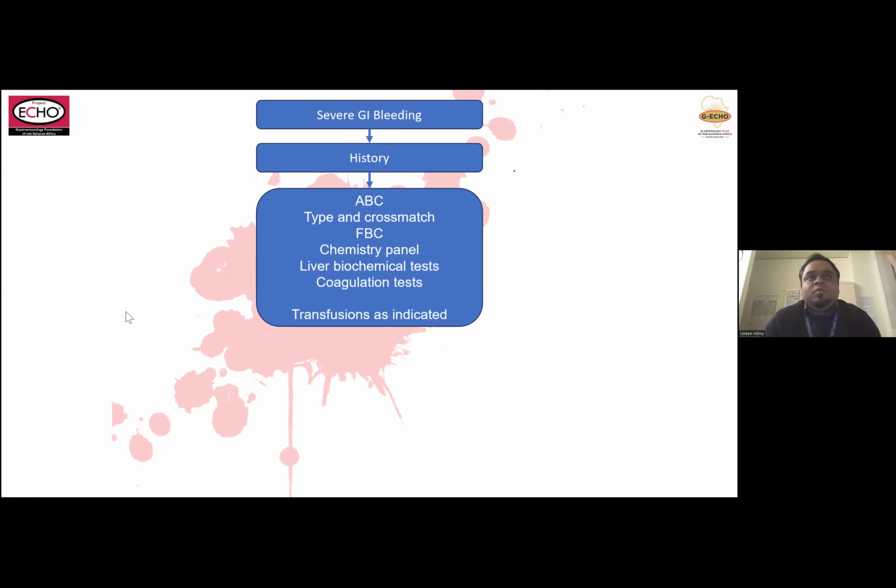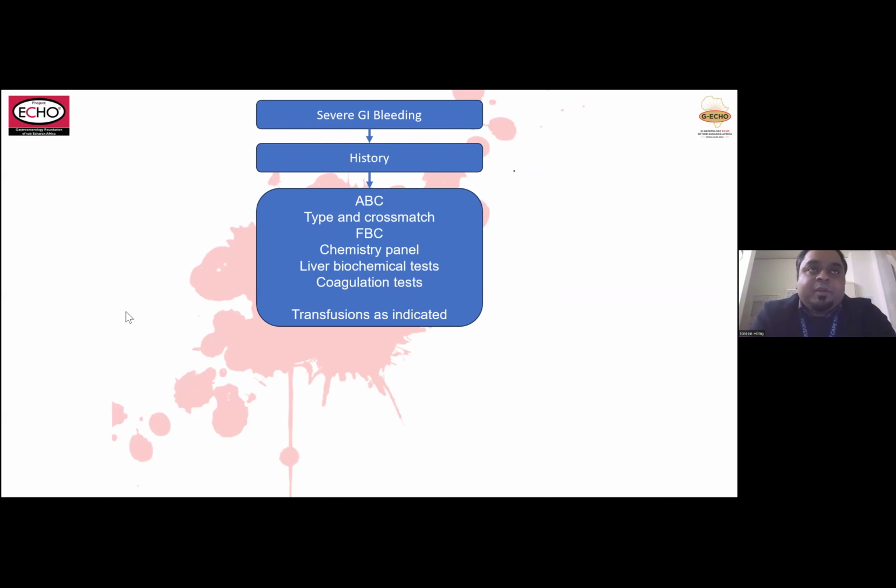However, there are a few meta-analyses that have shown that prophylactic intubation does reduce the incidence of pneumonia, length of hospital stay, and mortality. But however, some studies have actually shown that it's increased. So if you look at the Baveno 7 guidelines, which talk about the varices, they say if the patient has continuous bleeding or is unconscious, then we can intubate the patient.